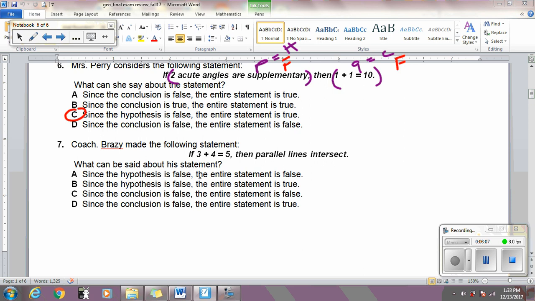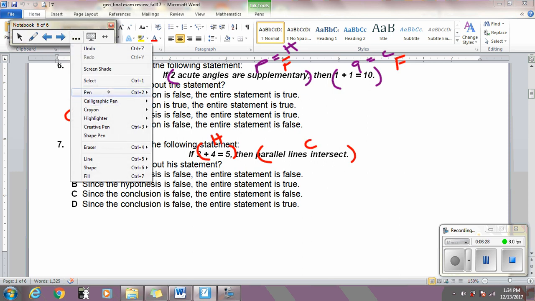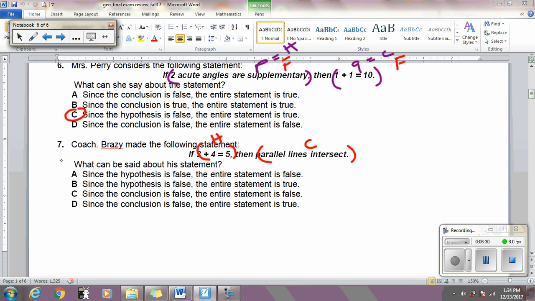Number 7. Coach Brazy made the following statement. 3 plus 4 is equal to 5, and then parallel lines intersect. So the hypothesis, or P this time, is 3 plus 4 is equal to 5. Parallel lines intersect. That's your conclusion. So this time, my hypothesis, again, is false. 3 plus 4 is 7, right?